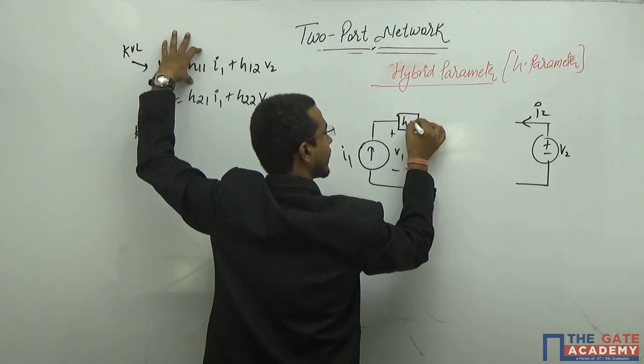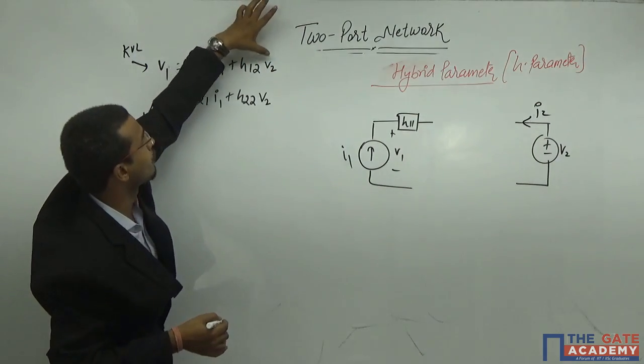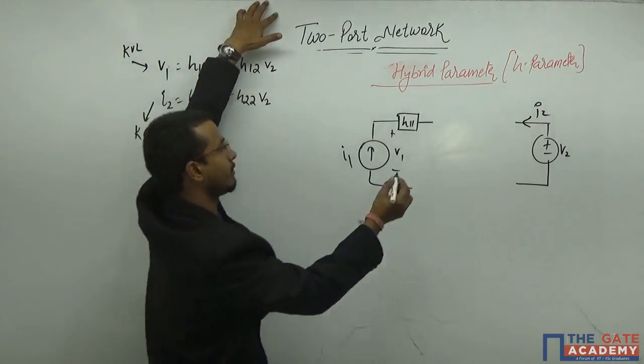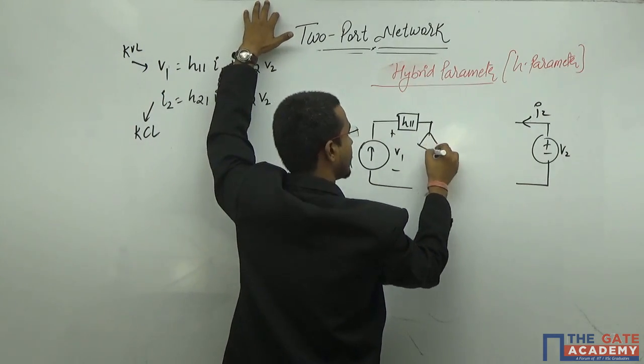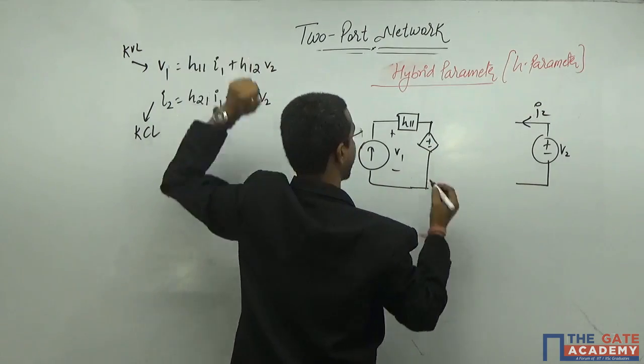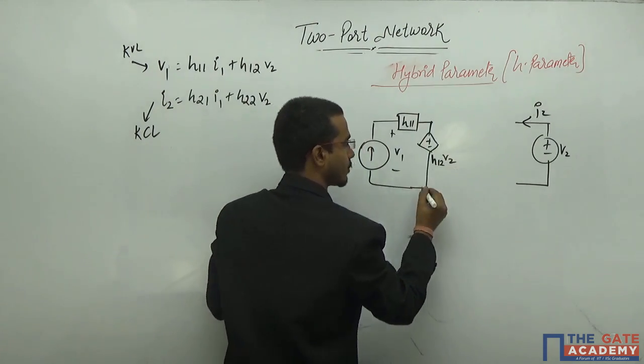Now, here it must be impedance, which is multiplied by the current. That means here you will get H11, and this particular term is a voltage whose value is dependent on the voltage on the other side. That is why here you will get the dependent source, plus minus, whose voltage value is H12 V2. That means you will get a voltage dependent voltage source here.